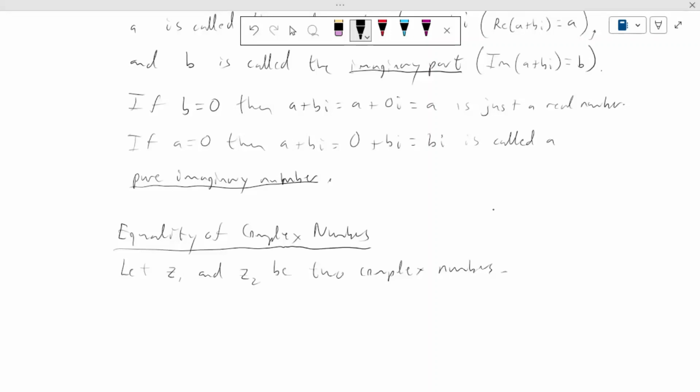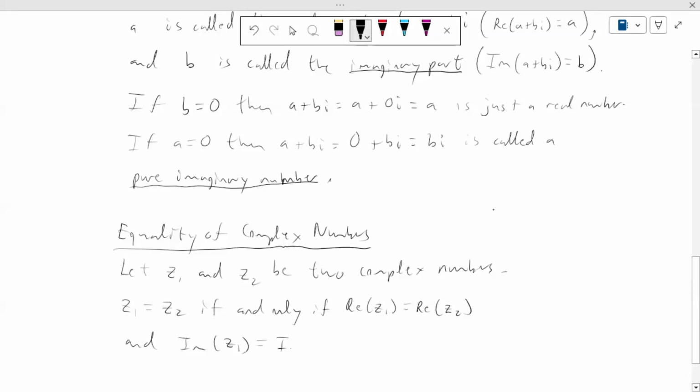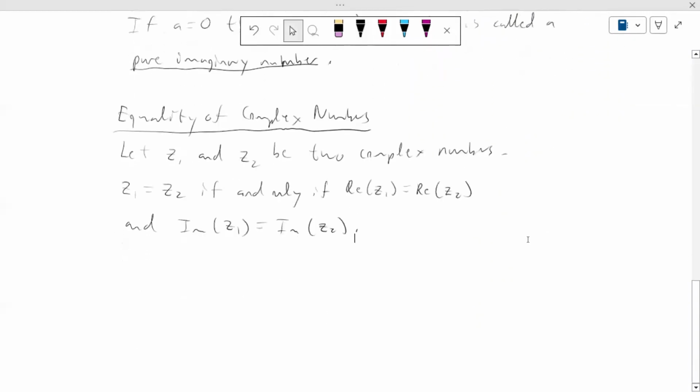Z1 equals Z2 if and only if, which means the only way that they can be equal to each other is if the real part of Z1 equals the real part of Z2, and the imaginary part of Z1 is equal to the imaginary part of Z2.